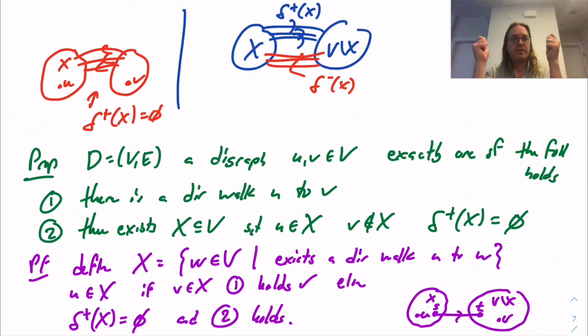If I give you 2 vertices u and v, either you get a walk from u to v, or there's a very obvious reason why not. There's a set of vertices that contains u but not v, and there are just no edges out of that set. So if you start at the vertex u and start taking a walk, you're going to stay trapped in that set forever. Okay, so things are getting a little bit more complicated than graphs, but we are seeing a nice structural characterization.